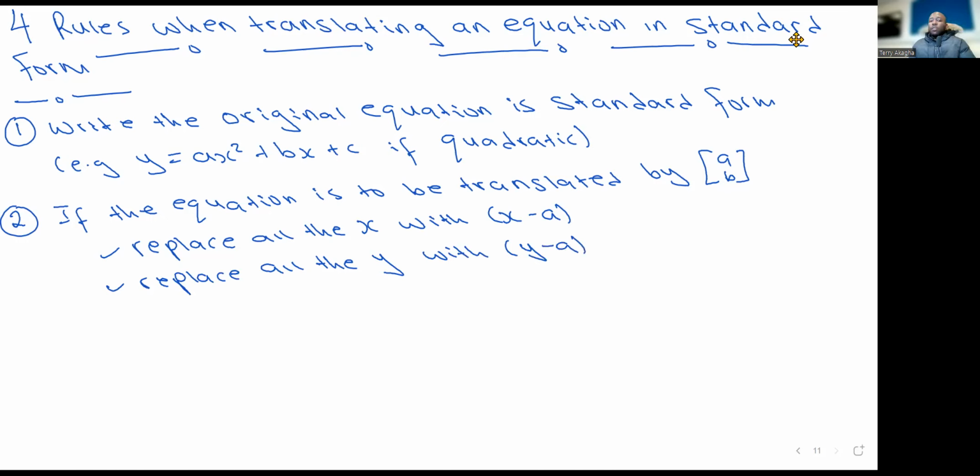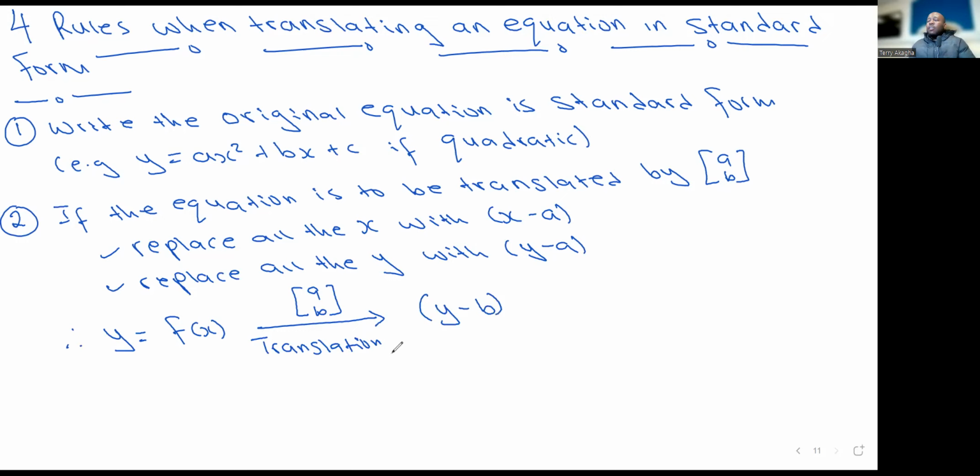So to put it like this, if you have y is equal to f of x, and it's undergoing the translation of (a, b), it means that anywhere you see y, you put y minus b, and anywhere you see x, you put x minus a.